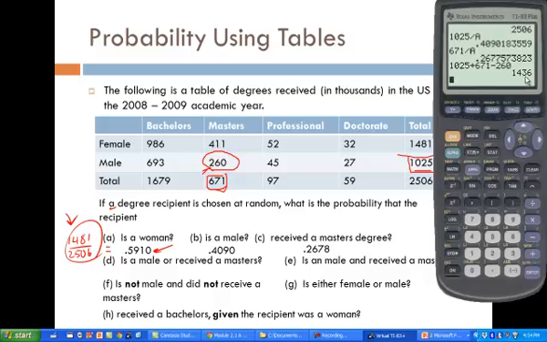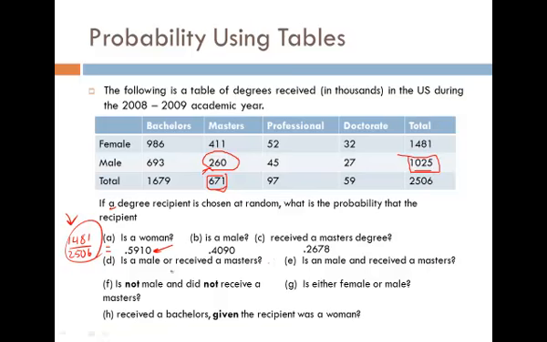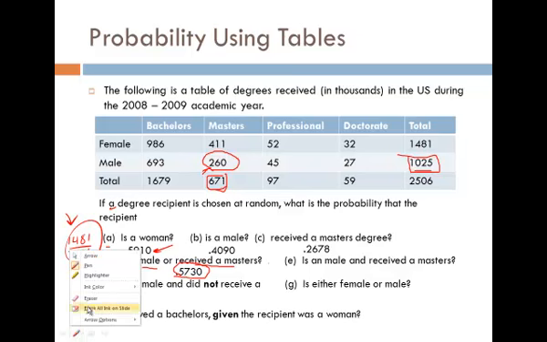So 1436 divided by A gives you 57.30%. In other words, about 57.3% of the people in this study were men or people who received a master's degree.